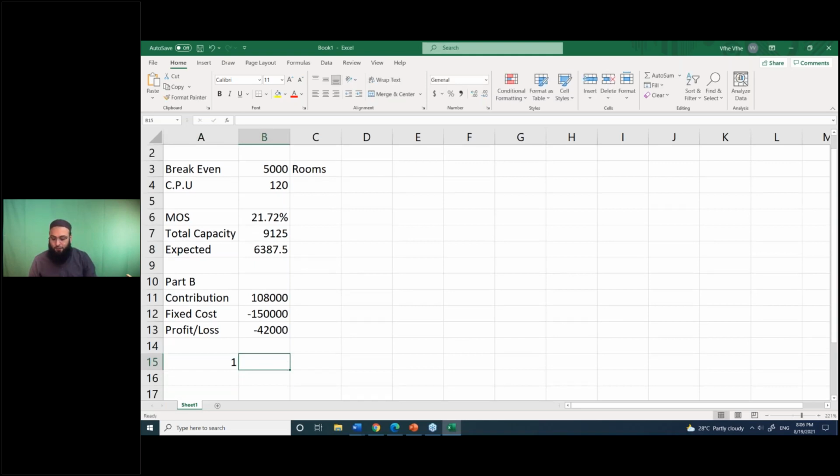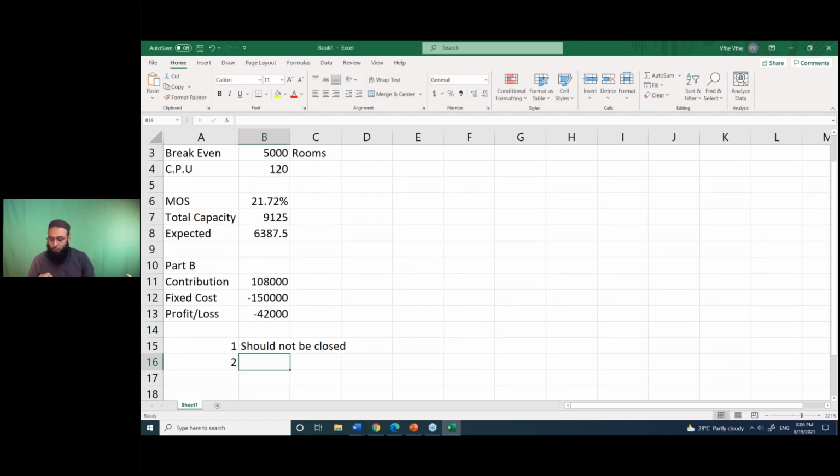So, first thing is that it should not be closed. It should not be closed. Okay. Now, why is that? Because the loss of contribution will be 108,000.